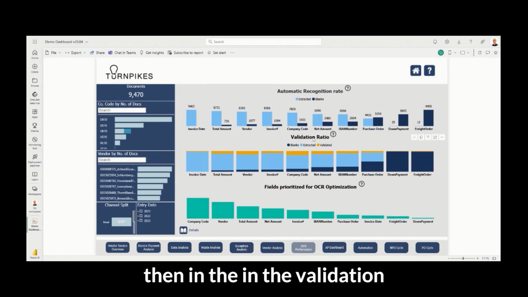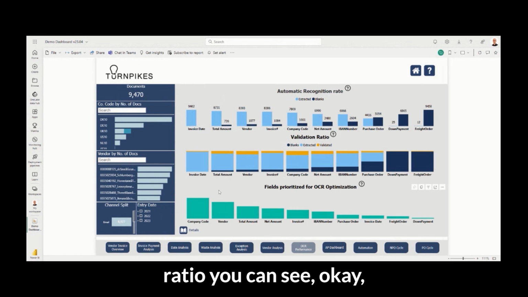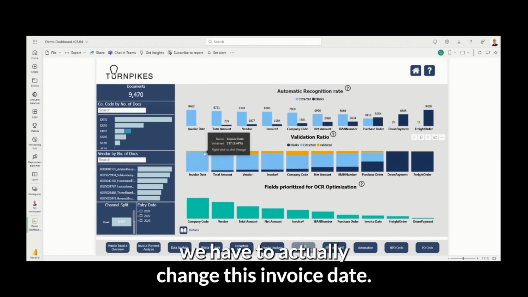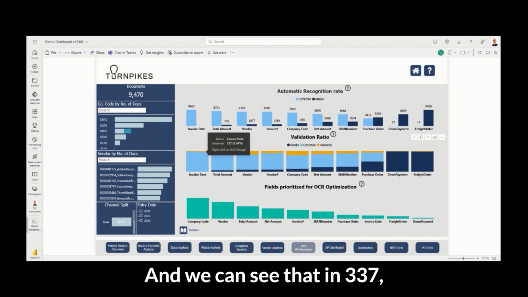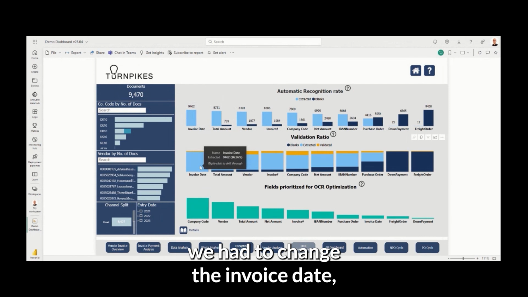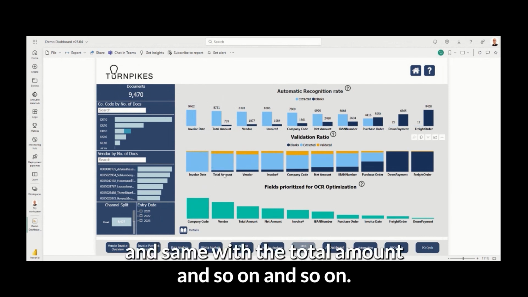Then in the validation ratio, you can see, okay, out of all the extracted data points, so for invoice date, how many times did we have to actually change this invoice date? And we can see that in 337 occasions we had to change the invoice date, and same is with the total amount, and so on and so on, right?